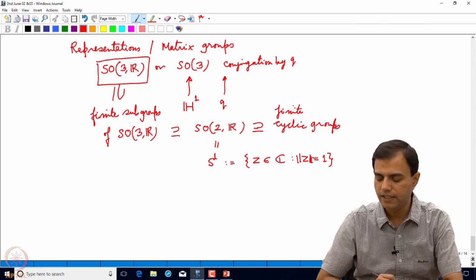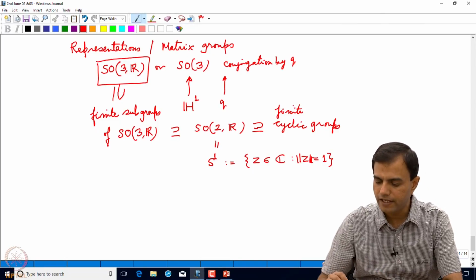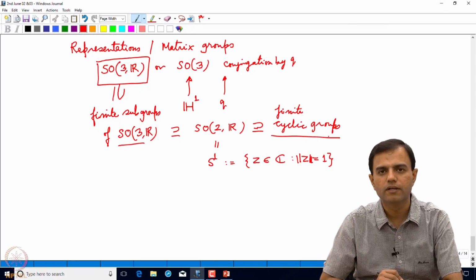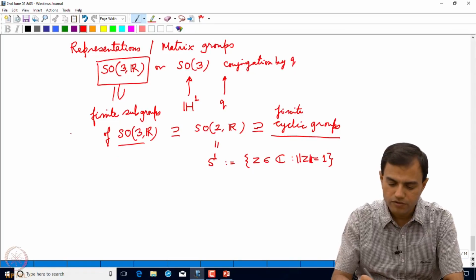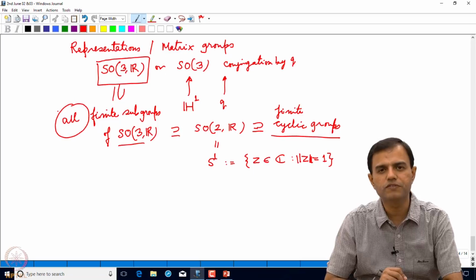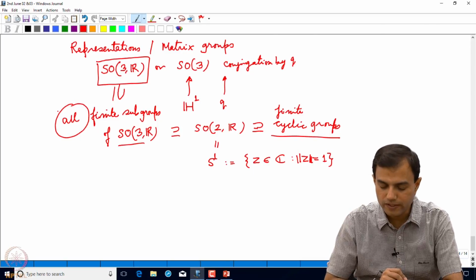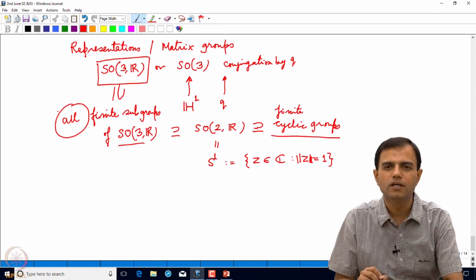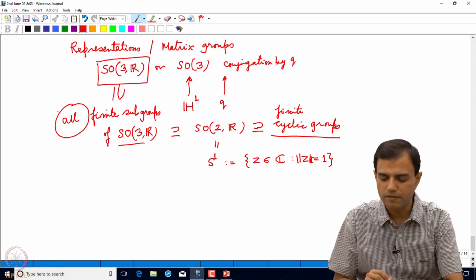Therefore it's clear that finite cyclic groups are also subgroups of SO3(R). But are these all? We want to know all finite subgroups of SO3(R). That's quite an interesting problem which involves group action, and it heavily uses the Burnside formula for counting orbits that we had discussed a couple of lectures ago.